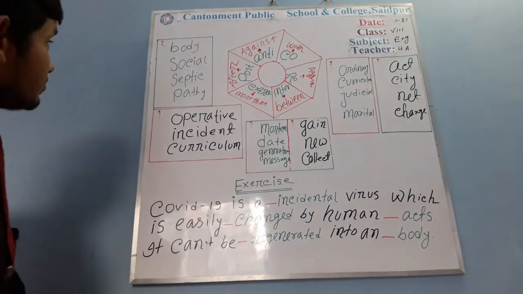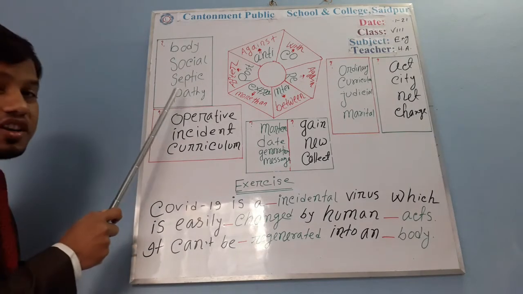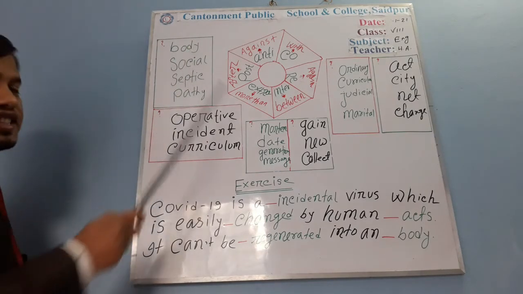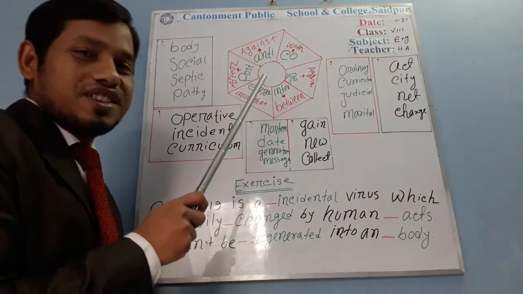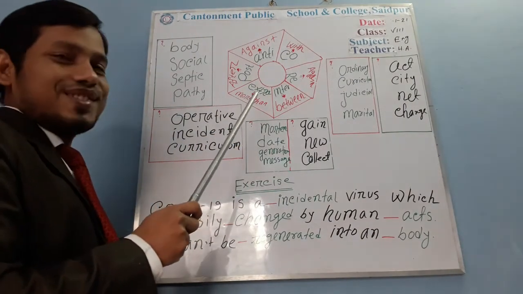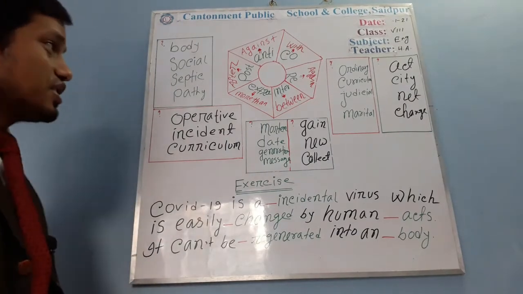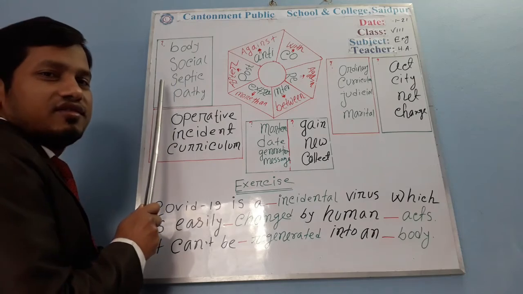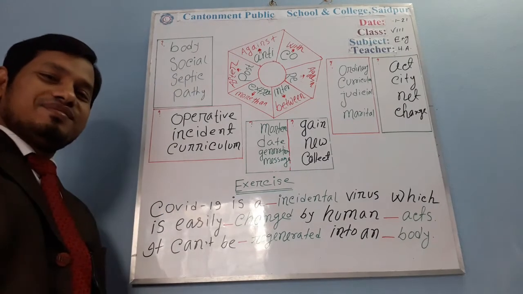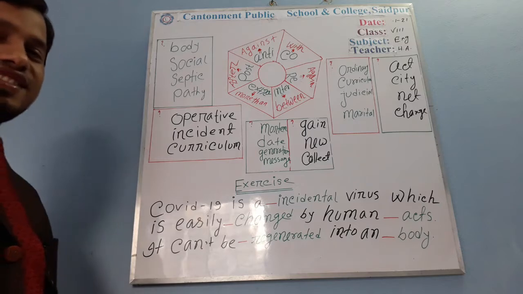So learners, to clarify, here are the 4 words, body and the others. Can you guess which one of the prefixes can be used here right now? Okay, please think for a while. Think and justify yourself. Which one can be the perfect one here? Perhaps you can think.